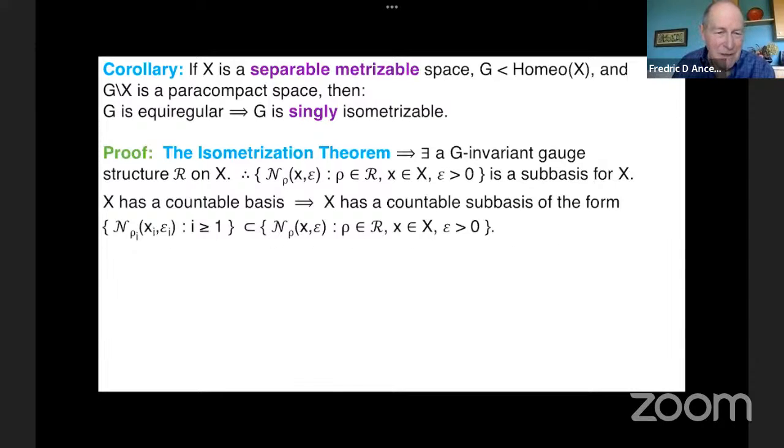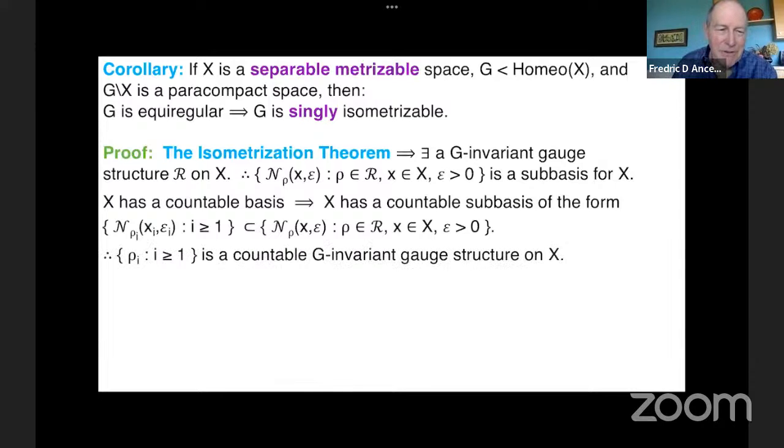And then it turns out that the gauges that show up in that countable subbasis form a countable gauge structure. And then you just do some fooling around. You decapitate all those gauges.